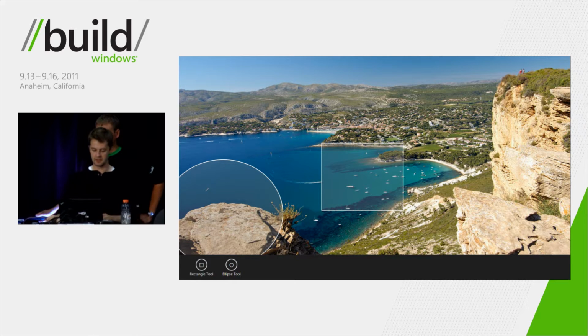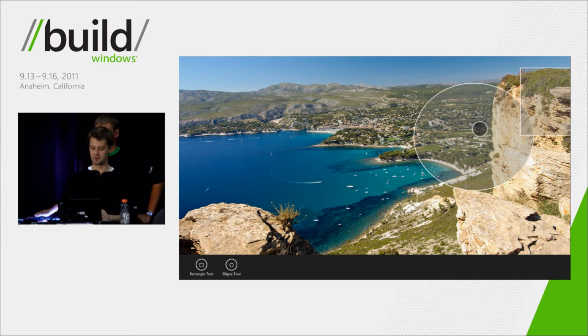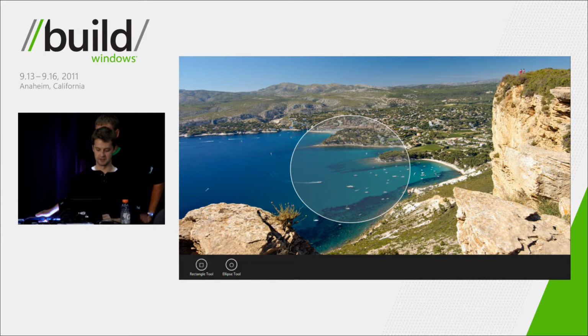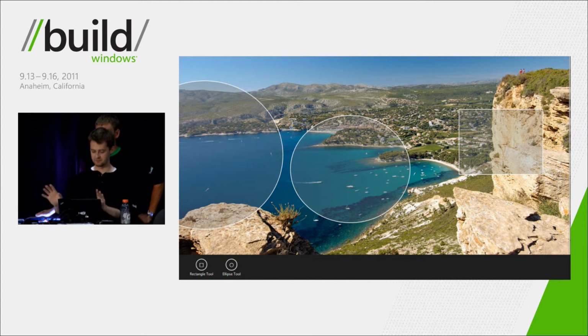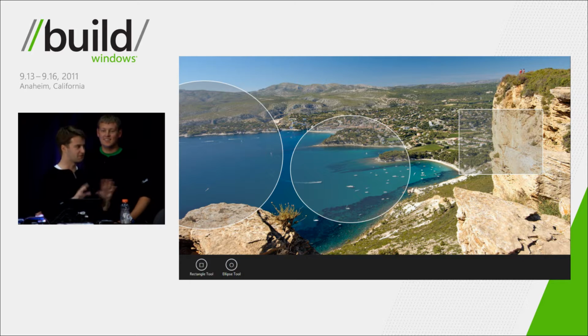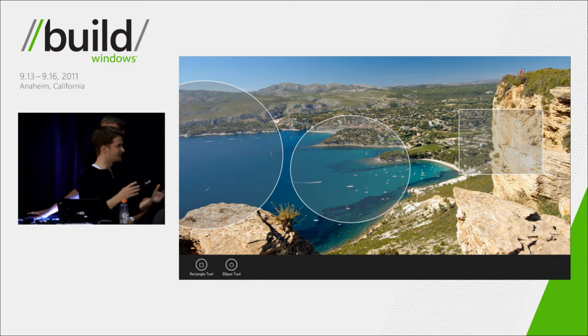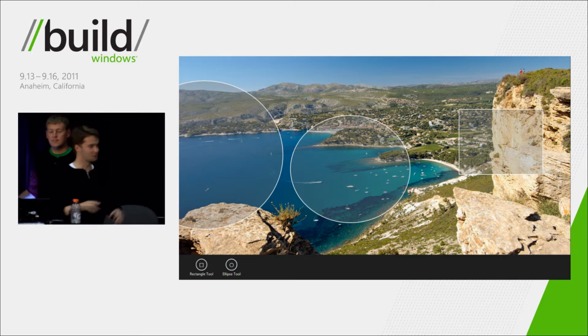Maybe I didn't really want a rectangle, I wanted a diamond, or I want to be able to move these things around. We can, oops, well, demo quirk, we're not actually fixing up the Z order in this, and when we get to the code, I'll explain why that happened.